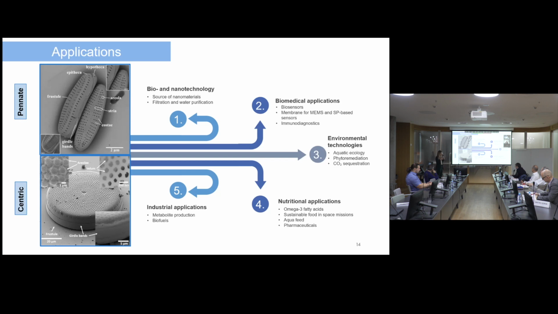This combination of interesting structure and interesting optical, mechanical, and other properties make them a suitable candidate for different applications in modern science and technology, including bio and nanotechnology, biomedical applications, environmental technologies, as well as nutritional, industrial, and many others.